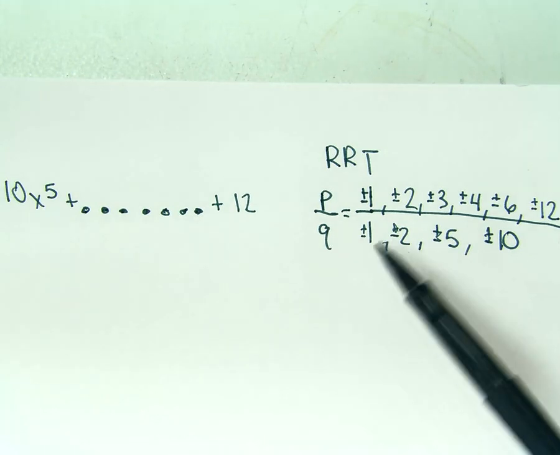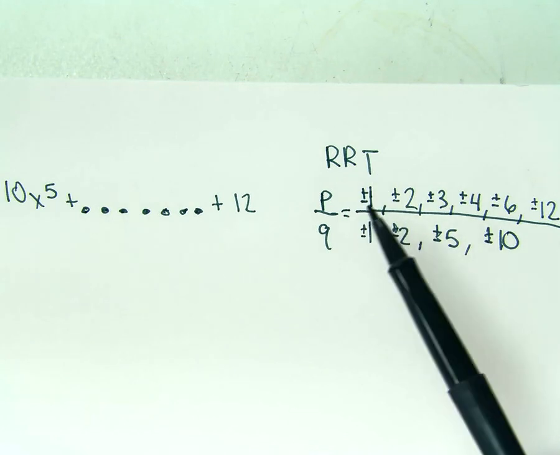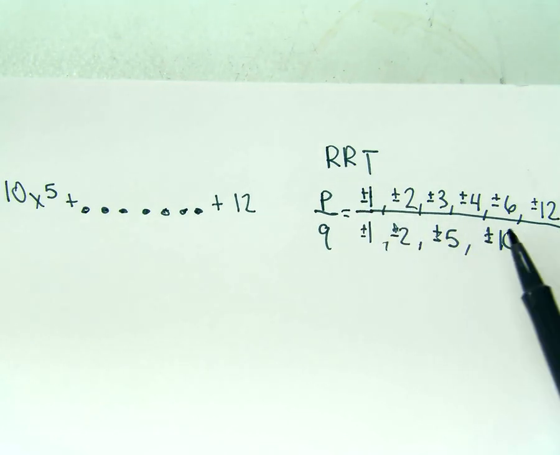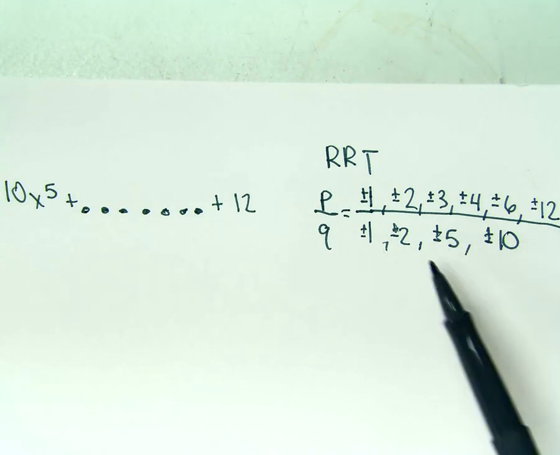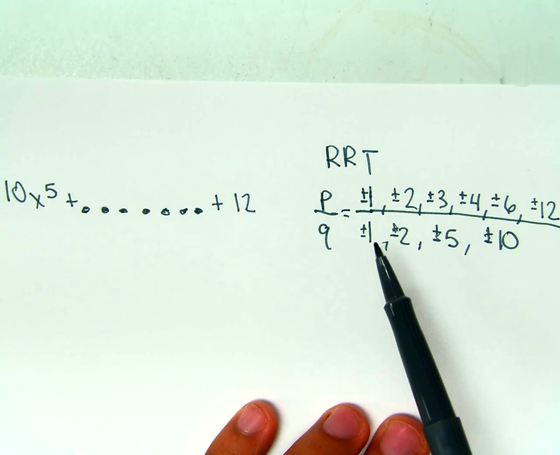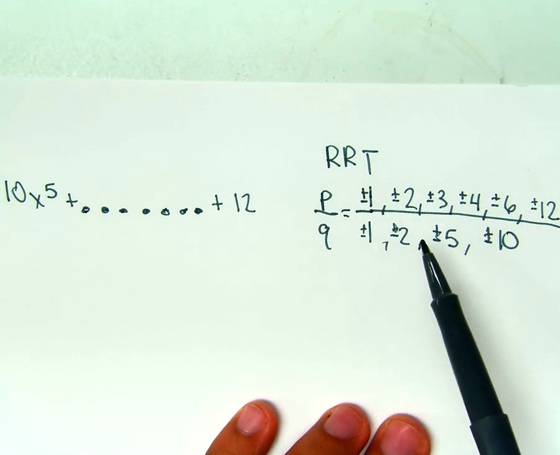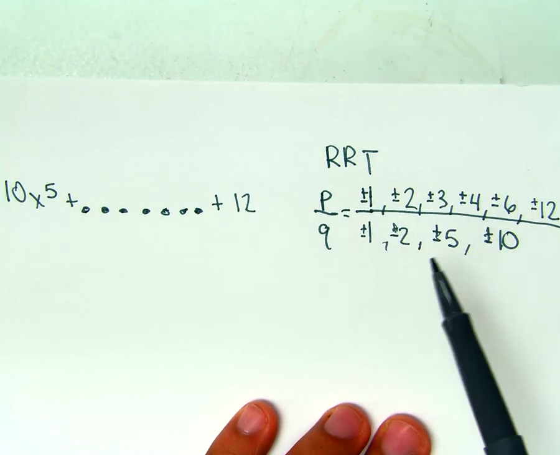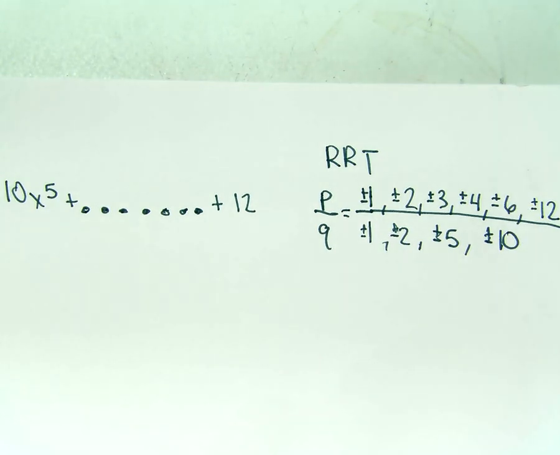So we basically want to simplify. So we're going to take each individual term on top, and we're going to divide it by the denominator. Everything here divided by 1, and then everything here divided by 2, and then everything here divided by 5, and then everything here divided by 10. Does that make sense?